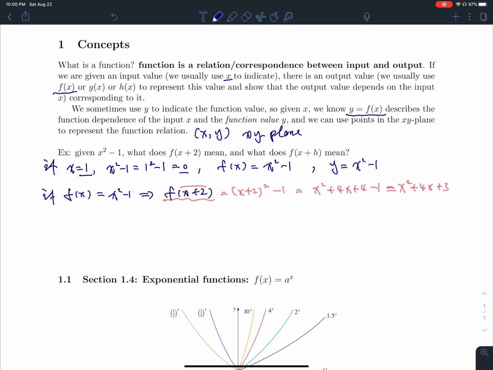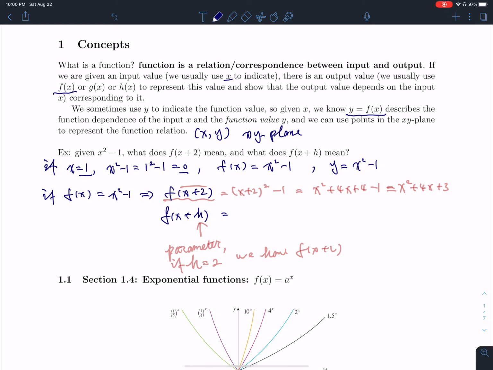All right, similarly, what will happen if we talk about a general function, f of x plus h? You may ask, what is this h really? h is a so-called parameter. If h equals 2, we get f of x plus 2. If h equals 1, we get f of x plus 1.